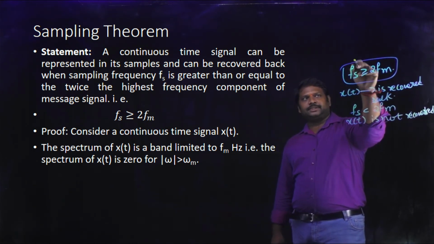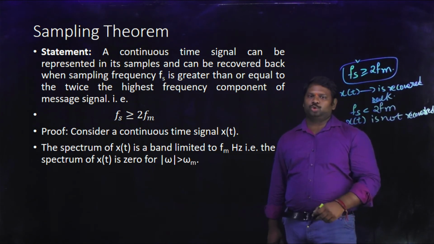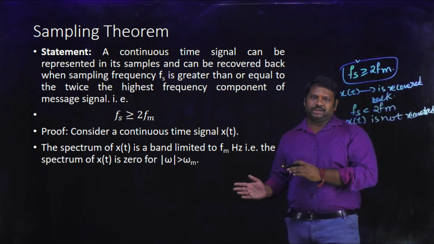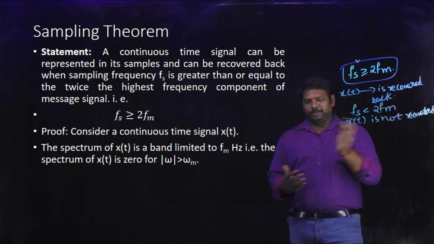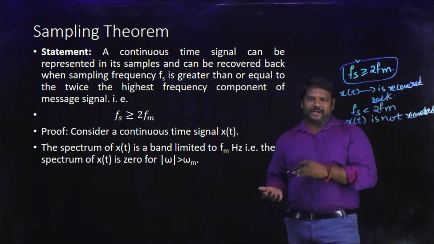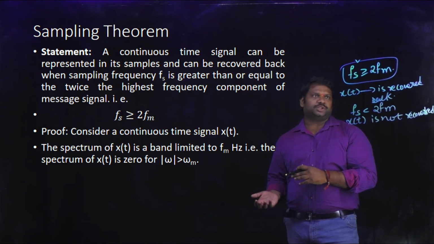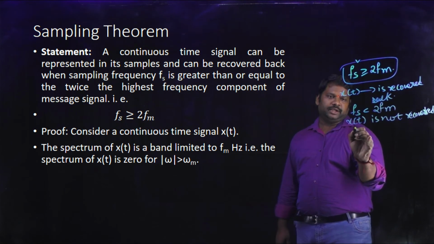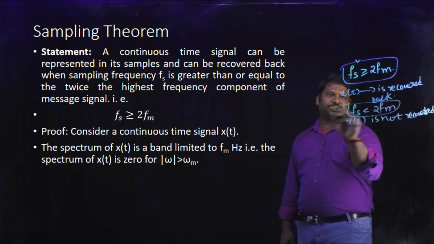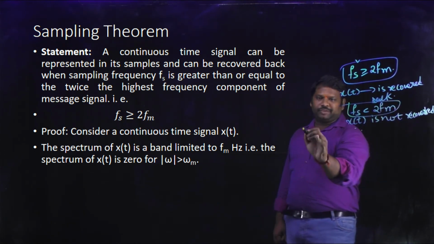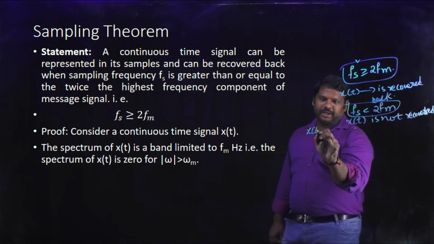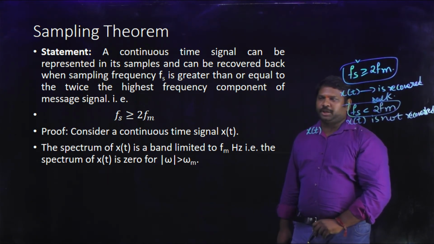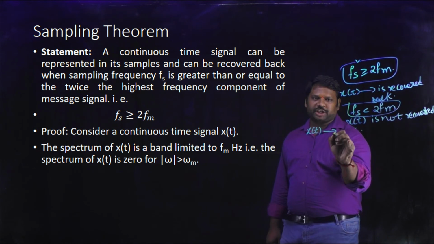If Fs is greater than or equal to 2Fm, then the continuous signal will be sampled, and again it can be gotten back and the reverse process will be easily done. Therefore we'll get the continuous time signal. If x of t is not recovered, that will be the case of Fs less than 2Fm. For example, consider the signal x of t, which is a continuous time signal.